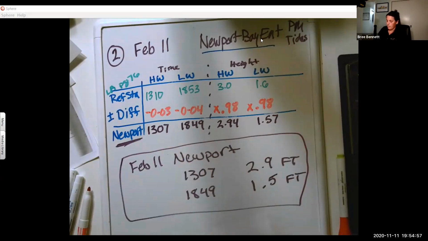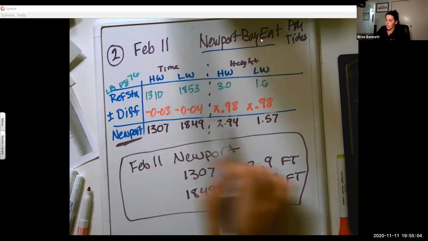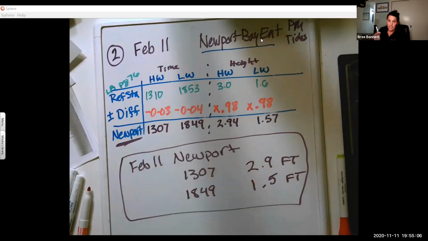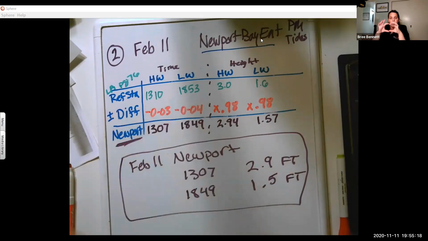So if we look at this, it is very, very close. These corrections are very, very small, right? To the reference station. So when you see at West Marine or OCC bookstore, if we were having class, I'd hand them out, those little tide books that are kind of like the pocket book, little tide tables.